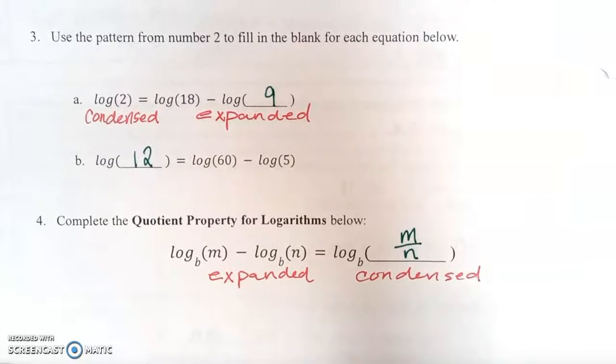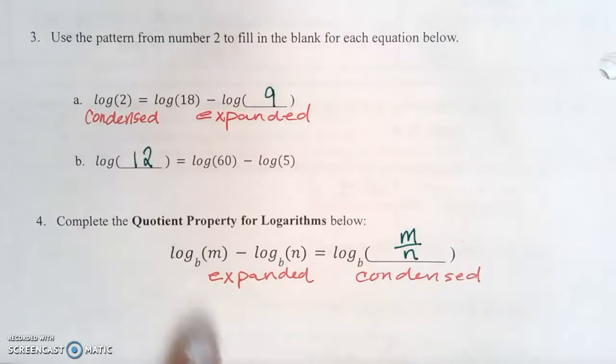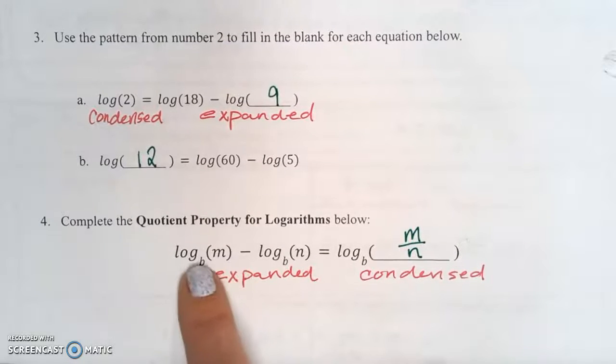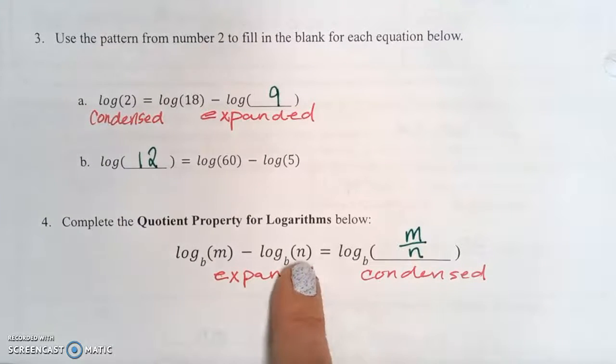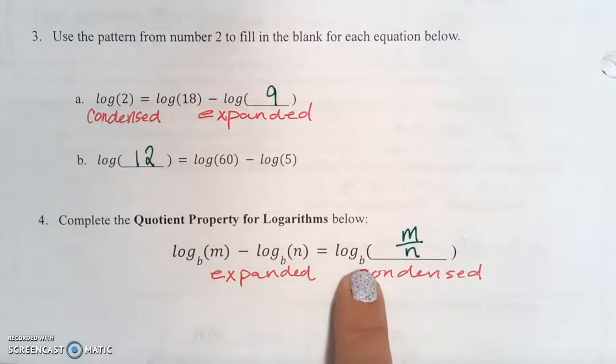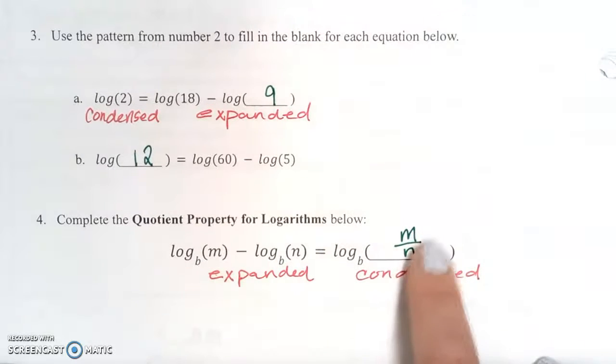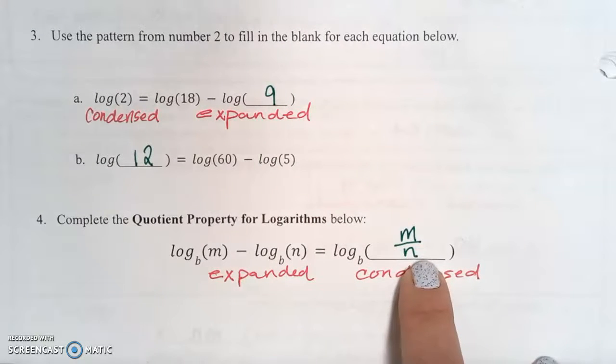Okay? And again, here's what it looks like algebraically for the quotient property. So expanded on the left here. Notice all of the bases are the same. Algebraically, they all have a b. Okay. So the log base b of m minus log base b of n is equal to log base b of m divided by n.